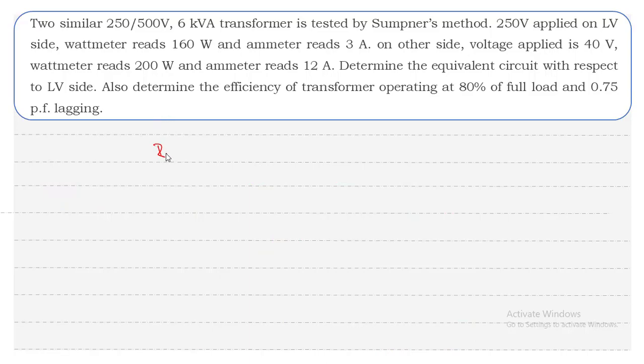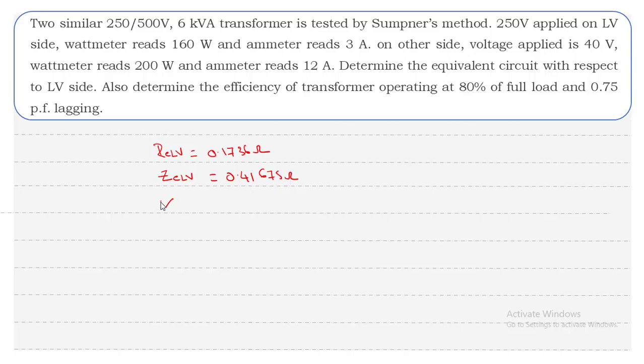We know the equivalent resistance referred to LV side as 0.1736 ohms and equivalent impedance referred to LV side as 0.41675 ohms.